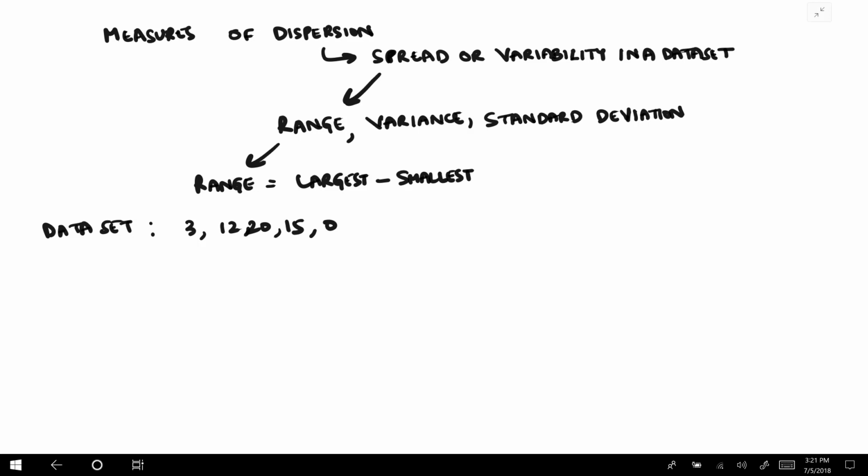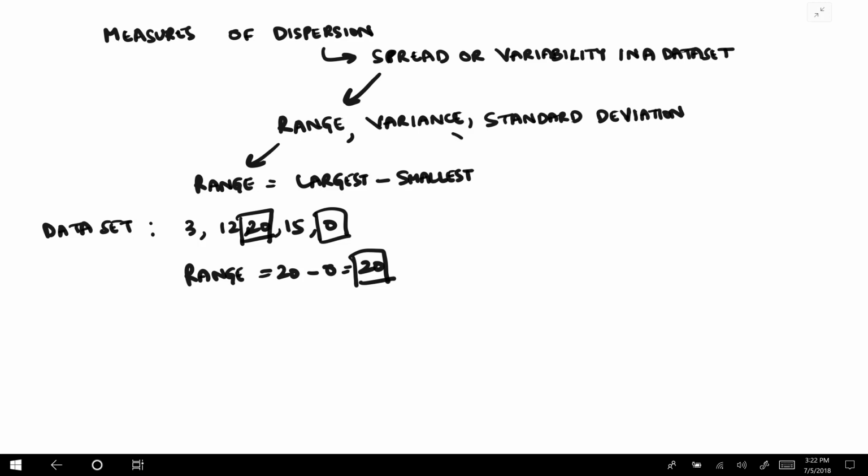So the largest value in this data set is 20 and the smallest value in this data set is 0. So the range is 20 minus 0, which is 20. So what this is saying is our data set is spread over 20 units.